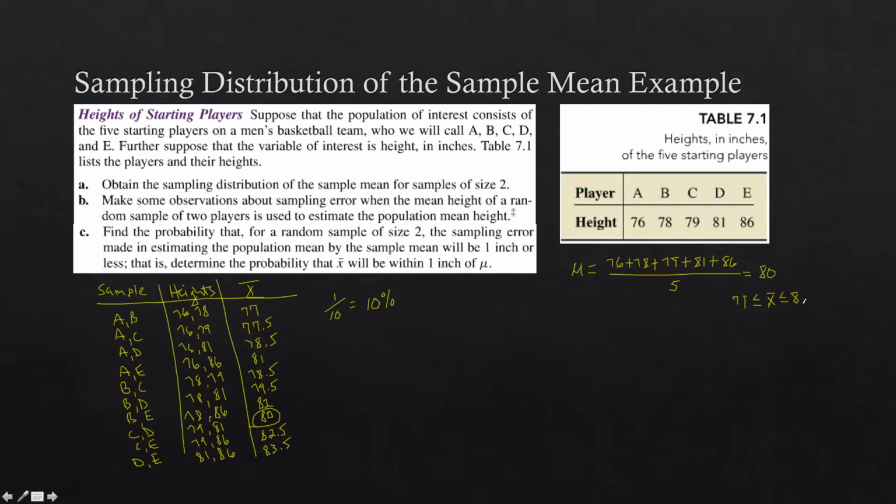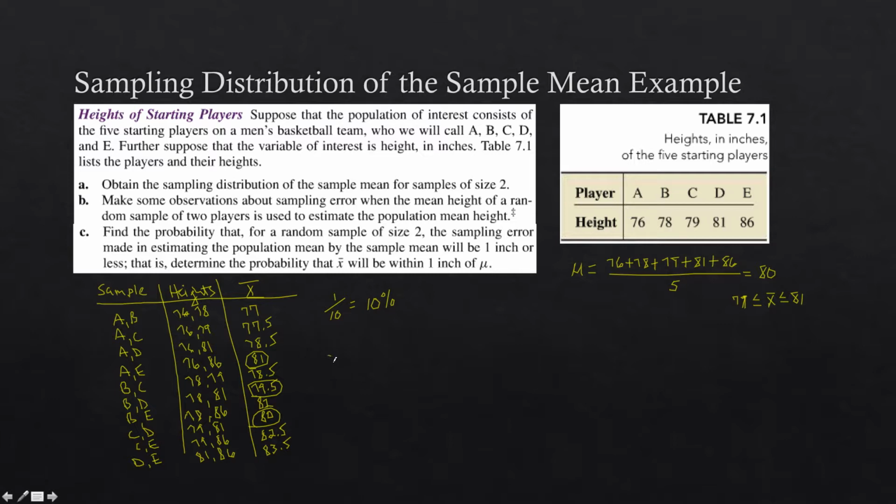We want to know how many are within 1 inch of 80. 79 and 81. How many are between there? Well, we've already got one circled. We've got one that's 80. There's one that's 79 and a half. Excuse me. And there's one that's 81.